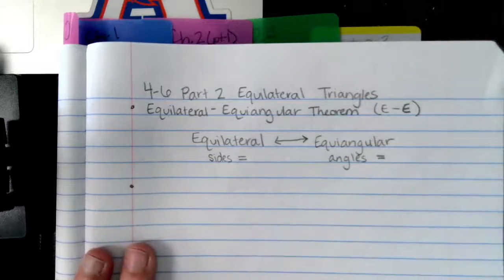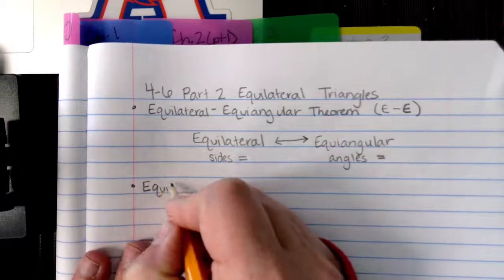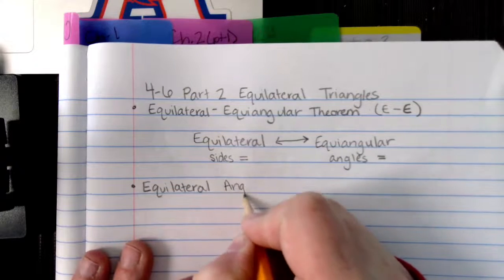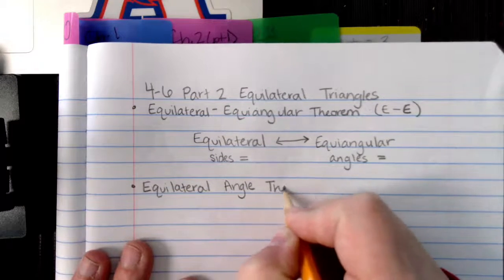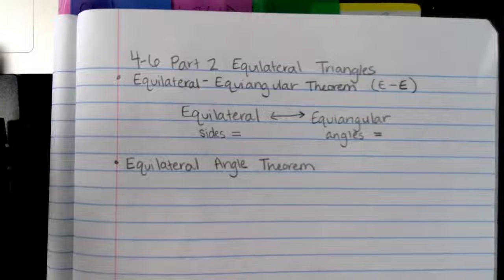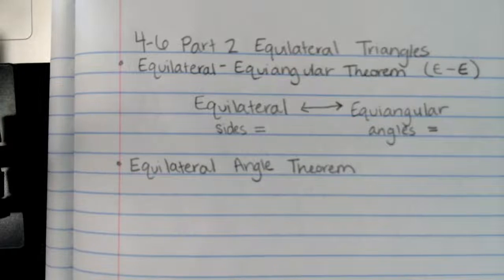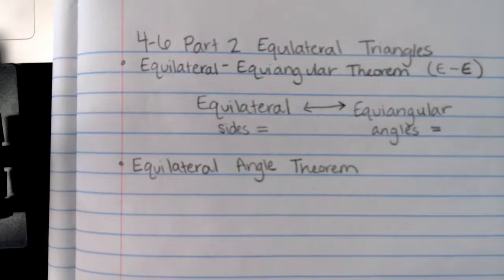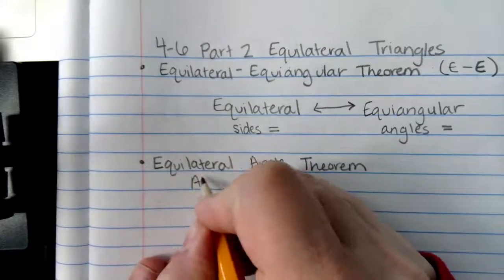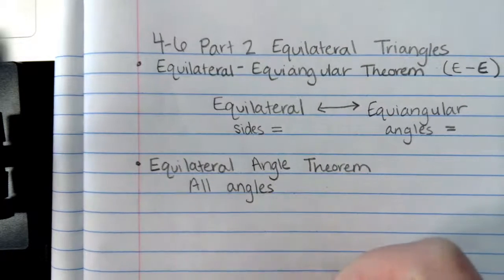We have one more theorem, and this is our equilateral angle theorem. So we just said that if it's an equilateral, that means it's equiangular. All the angles are the same. So if we know all the angles are the same, we also know that all the angles have to add up to what? 180. So what number plus itself 3 times? So number plus the number plus the number.